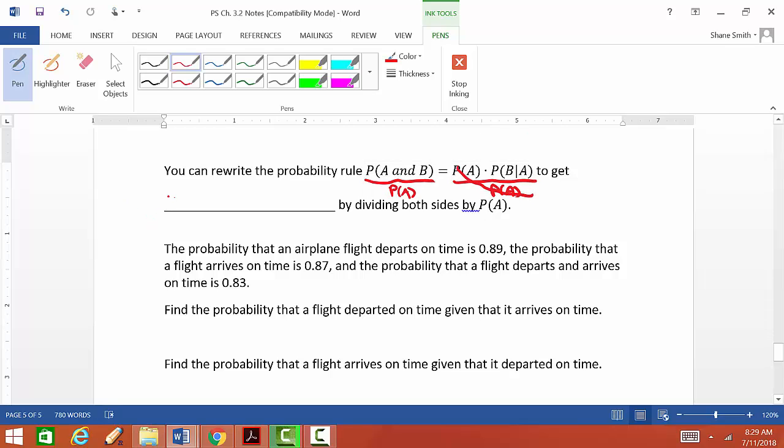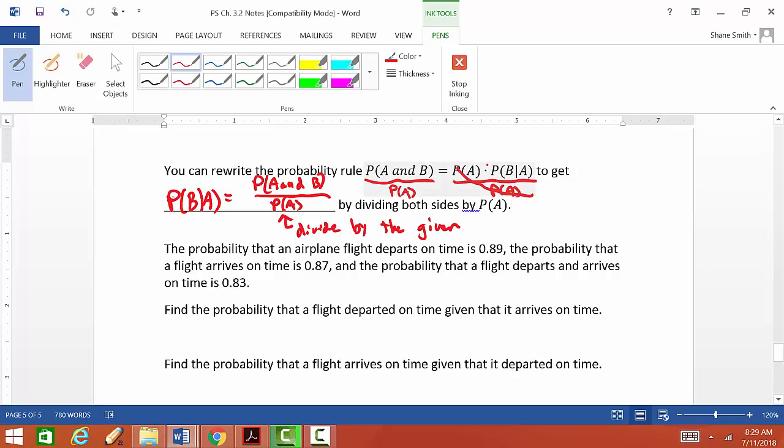So really, the probability of B given A, which is what's on the right side now, is equal to the probability of A and B divided by the probability of A. And I want you to notice that you're dividing by what you are given. So divide by the given. This is helpful if you want to figure out a conditional probability.